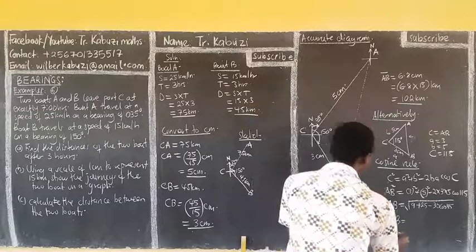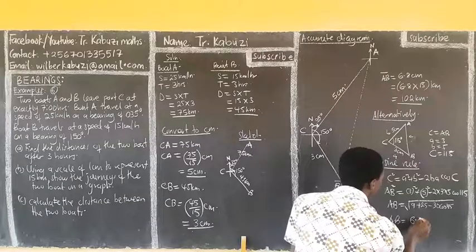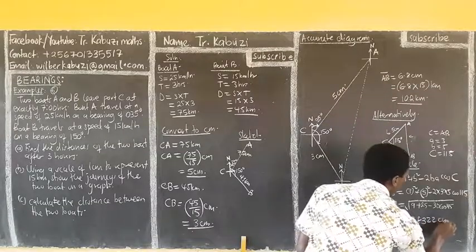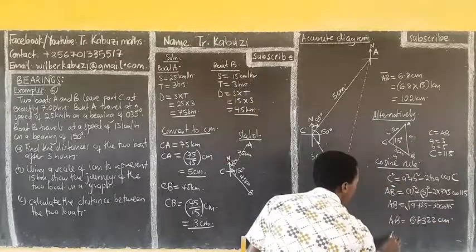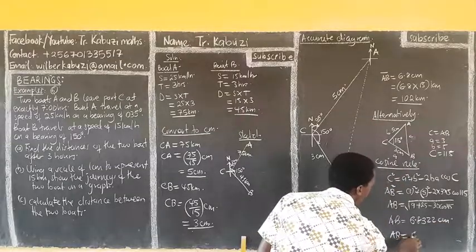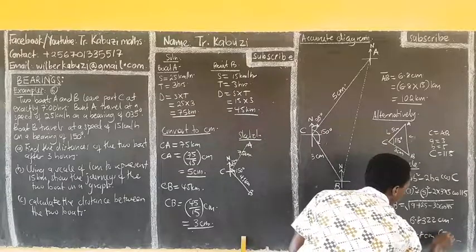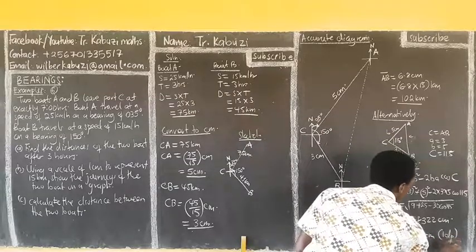So you see that here I'm getting 6.8322 centimeters. And if you round off to 1 decimal place, my AB will be 6.8 centimeters.